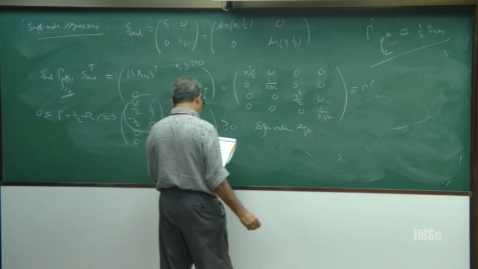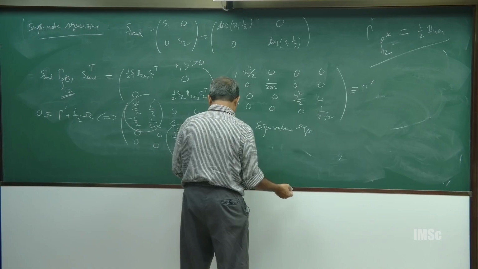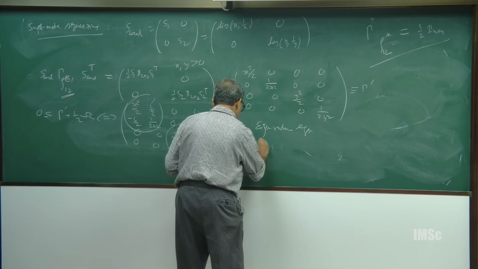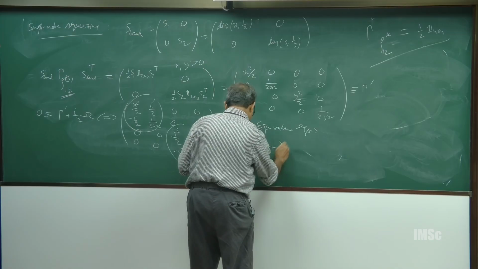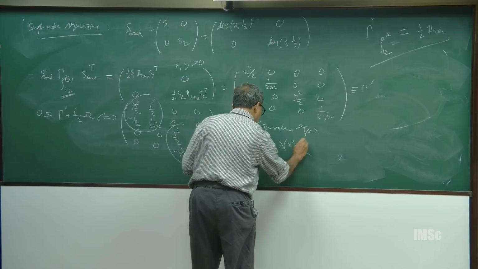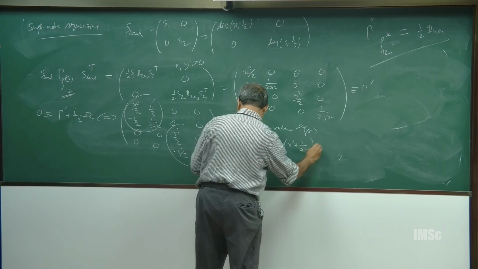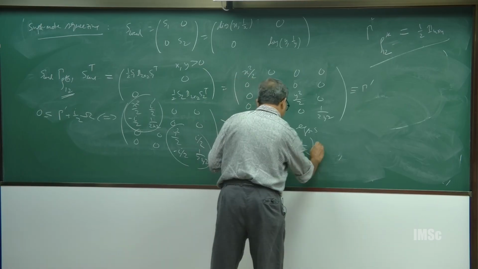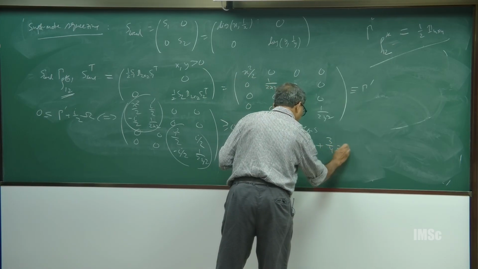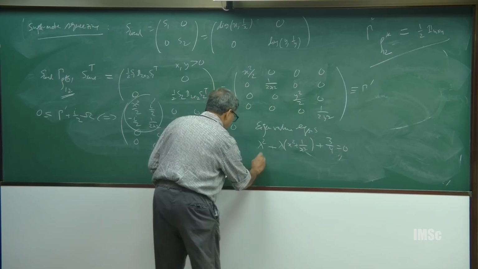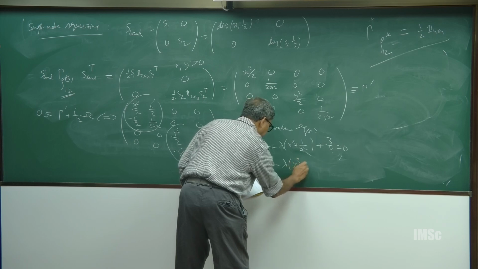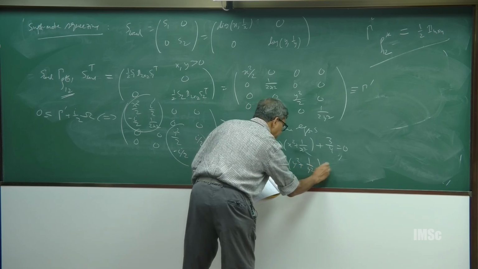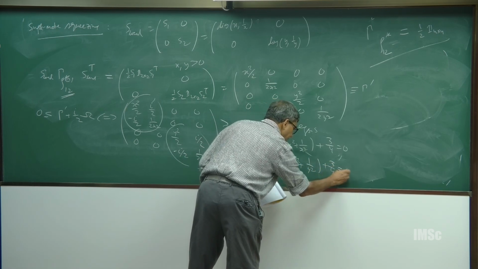So, it will be something like this, two equations: lambda square minus lambda into x square plus 1 by x square plus 3 by 4 is equal to 0, and this is lambda square minus lambda into y square plus 1 by y square plus 3 by 4, because these are the same. Okay.